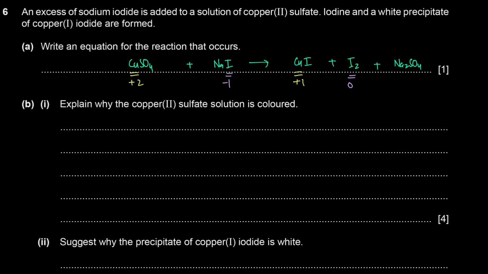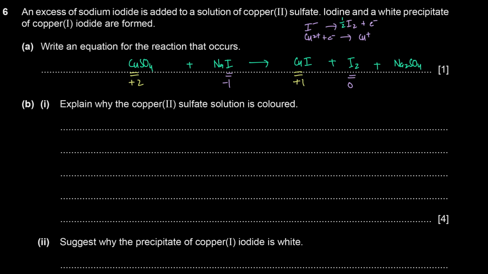So I- is undergoing oxidation, and Cu2+ is undergoing reduction. For every 1 mole of Cu2+, I'll have half a mole of iodine, since 1 electron is being lost here and 1 electron is being gained here. This is how we're going to balance this equation.